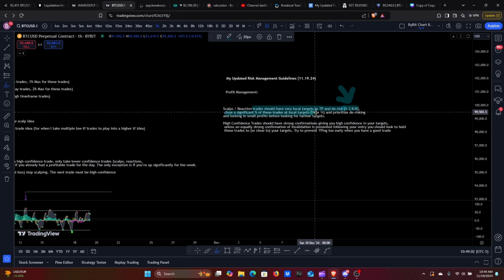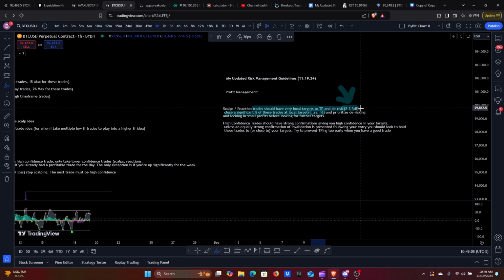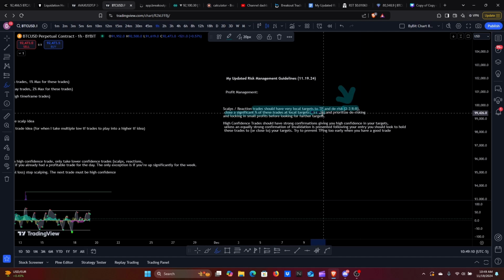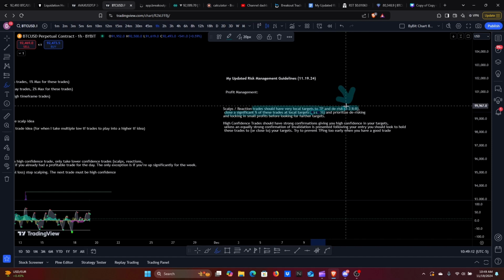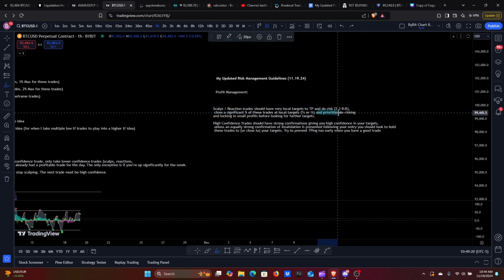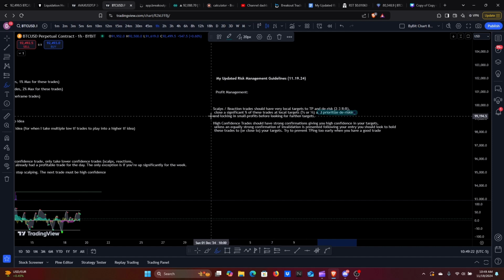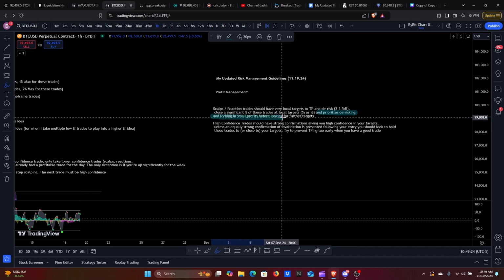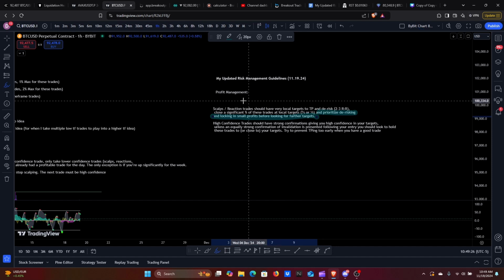It's hard to see that, but that is 1/3 or 1/2 of my total trades. So if I'm at a 3-to-1 risk reward and I close 1/3 of it, then I just locked in what I risked. If I close half the trade, then I locked in slightly more than what I risked. And prioritize de-risking and locking in a small profit before looking for further targets. My first goal with every scalp is to not lose the trade.